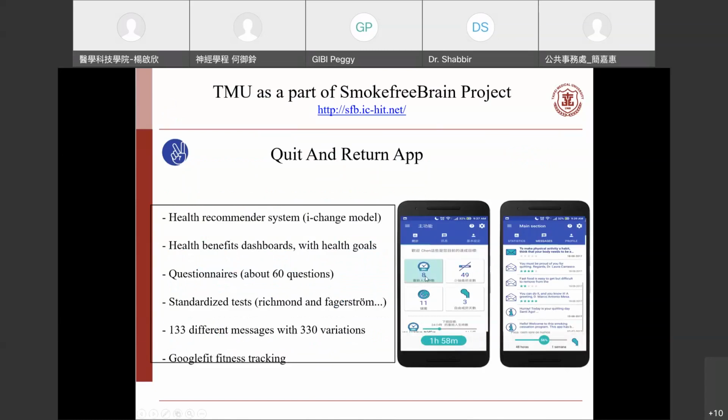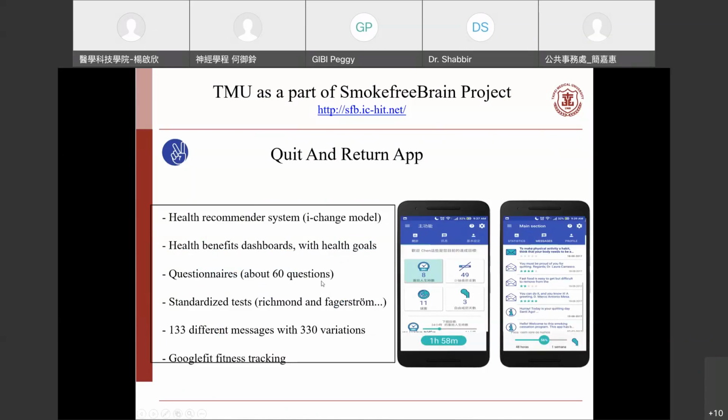It shows that since 8 days they stopped smoking. It shows that in these 8 days they have not smoked 49 cigarettes, and if they had continued to smoke, they would have smoked 50 cigarettes, and how much money they saved in euros and how much health they saved. And this is the message they are getting.